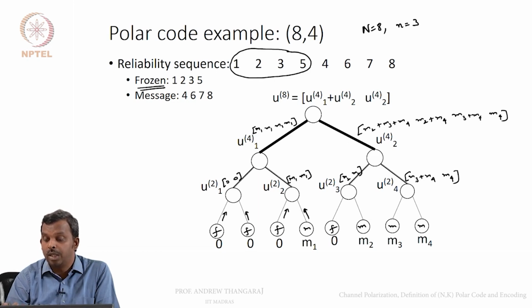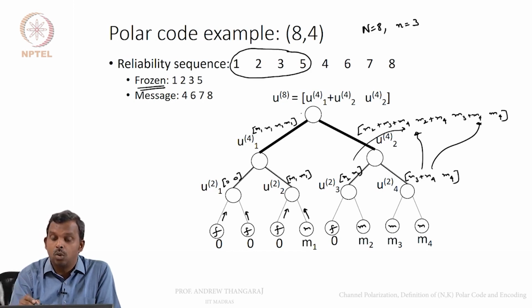You combine M2, M2 and M3 plus M4, M4, you take the XOR of these two, keep it here, and then this is retained as it is. And then finally, the 8-bit code word is going to be again the XOR of these two, and then this retained as it is, right.